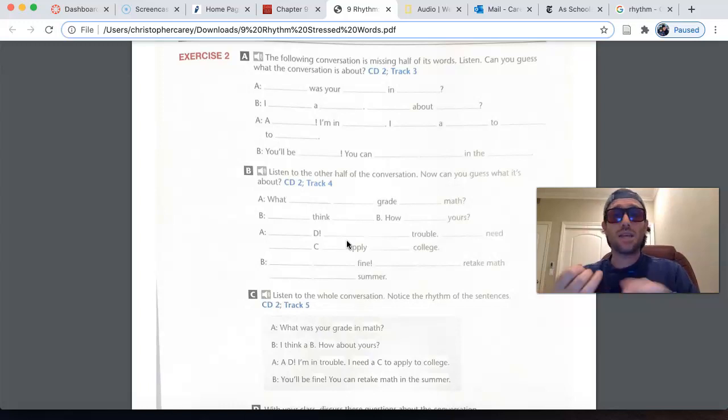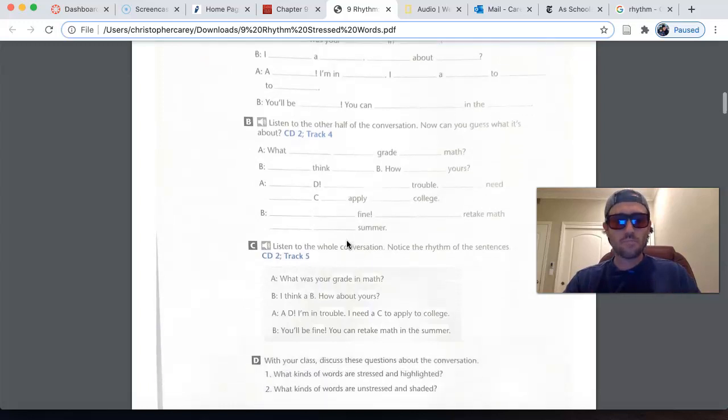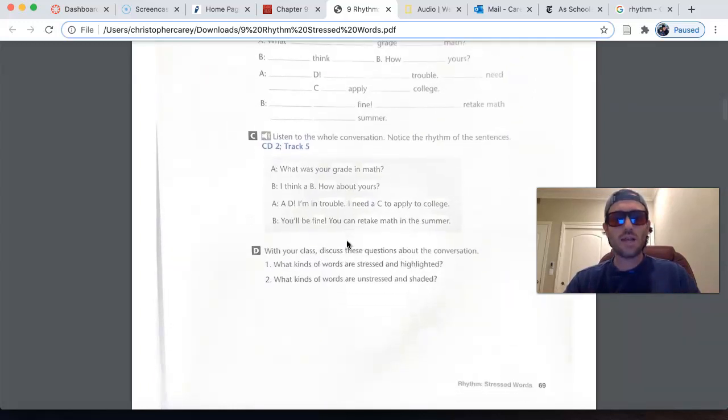Parts of speech being nouns, verbs, adjectives, adverbs, articles, helping verbs, prepositions, conjunctions. You're learning about these words right now if you're taking vocabulary, correct? You're taking the vocabulary or the grammar course, probably more in grammar. But if you take a look at part C, now you see the whole conversation.